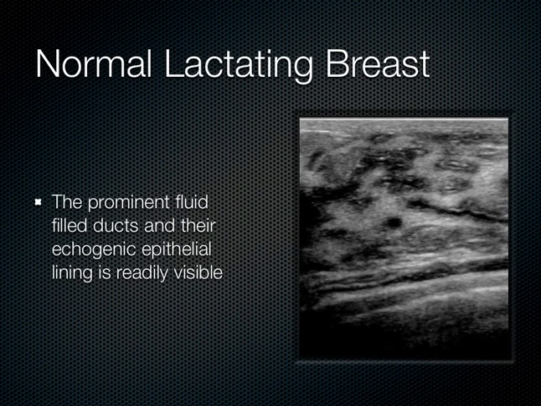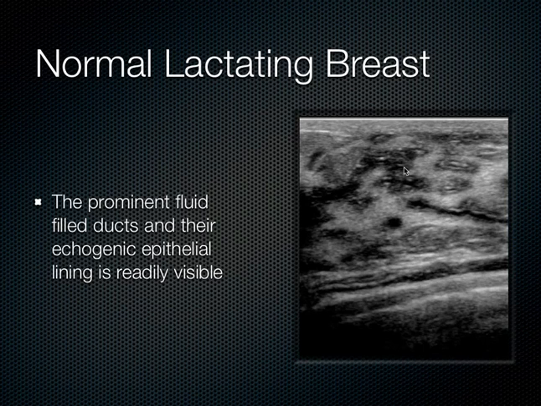Now, in the normal lactating breast, these fluid-filled ducts start to become a lot more prominent because they are filled with milk. And in some of these, you can see that epithelial layer be very prominent within the actual ducts.